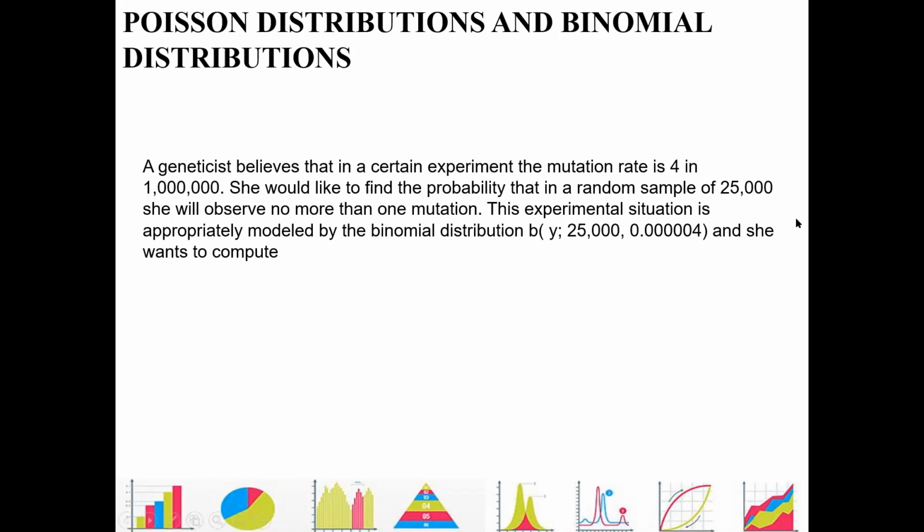So this experiment situation is approximately modeled by the binomial distribution, wherein n is 25,000 and pi is 0.004, kasi 4 in 1 million. So, ano yan? Yung 4, iuusod mo pa siya number of places ng 6. And she wants to compute na yan.